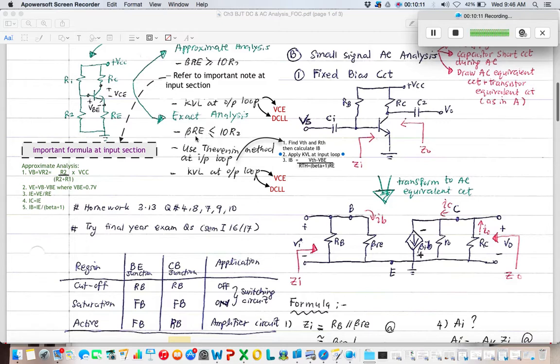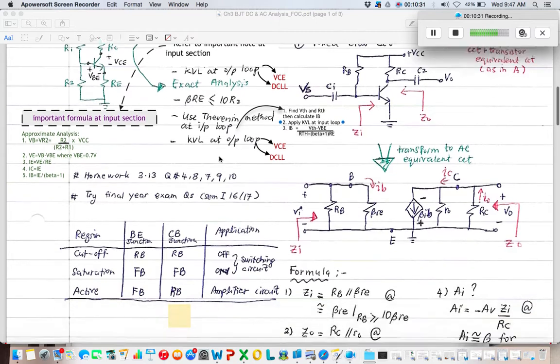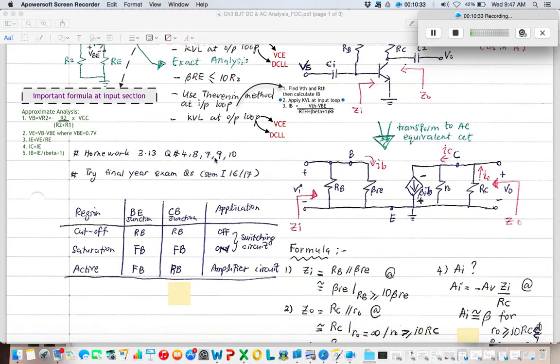First of all, you need to test it. Is it greater or less? If greater, then you definitely need to apply approximate analysis. If less or equal, then only you can choose to use exact or approximate. Alright? If the beta RE is equal to 10R2. Some of you did it wrong for question number 9. Never mind, we will discuss about this later on.